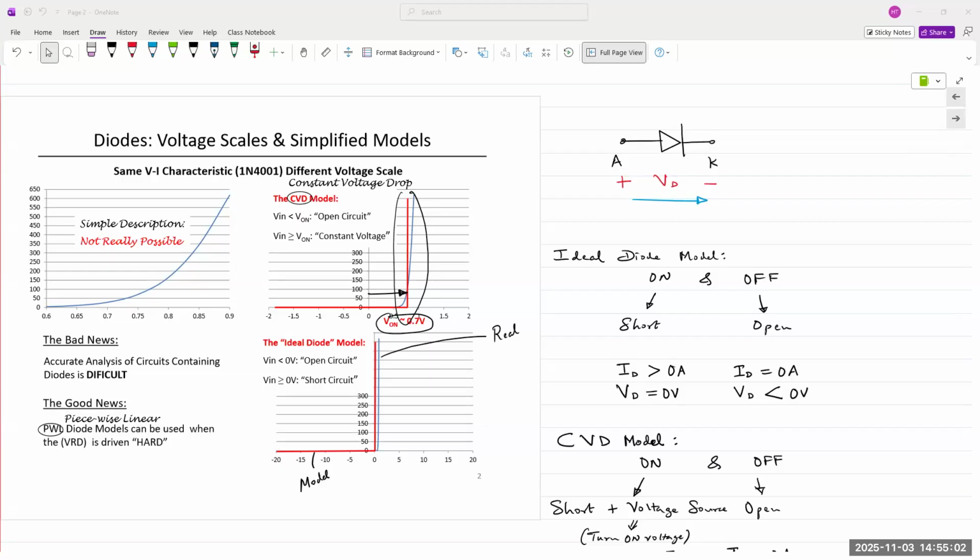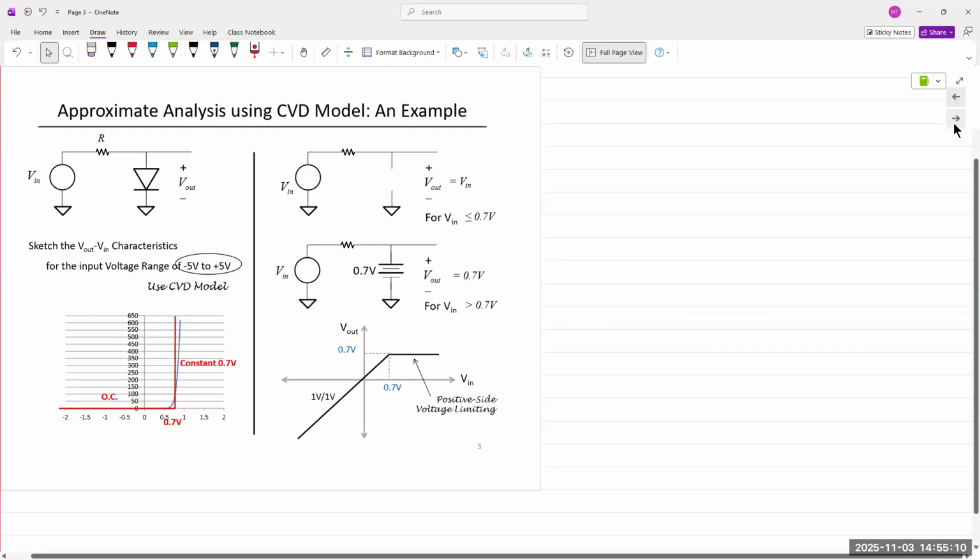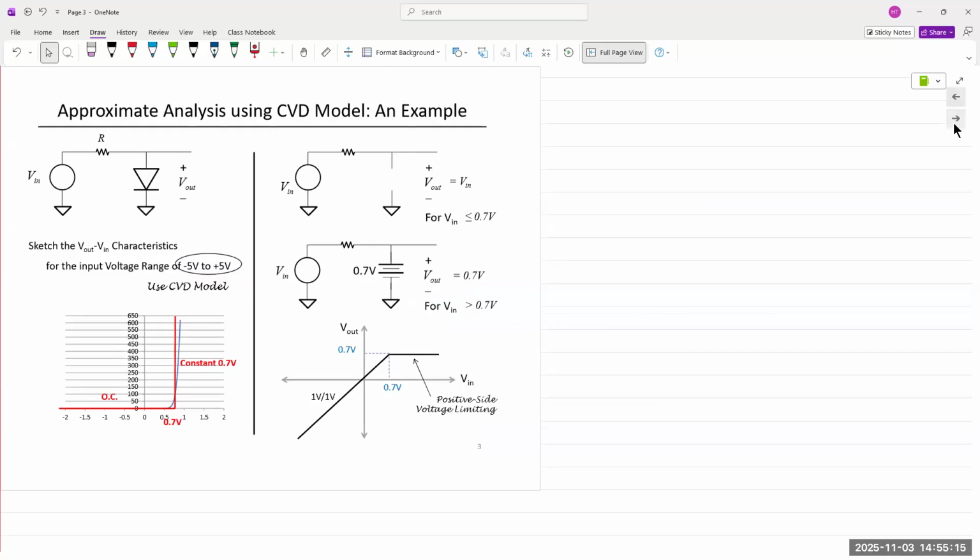So the way we use these is by making assumptions at the beginning of our analysis. Here's an example. We won't be able to get into the example, but I want to outline the steps that we would use. In this example circuit, you have a diode, you have a resistor, and you have a voltage source that is driving the circuit.